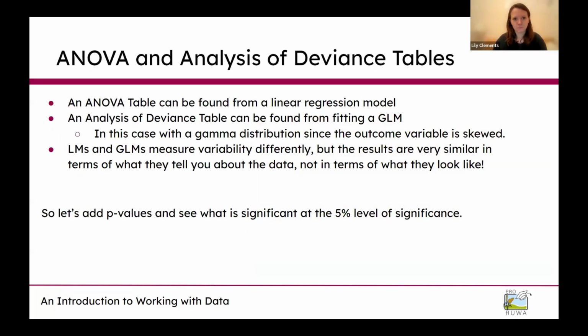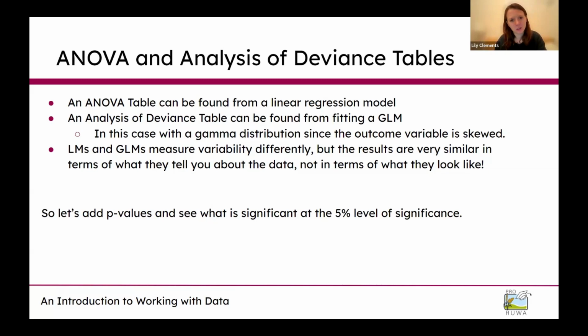So we now dig into a little bit more on ANOVA and analysis of deviance tables and what those differences are. They're both measures of variability, the only difference is that an ANOVA can be found from a linear regression model, whereas an analysis of deviance table can be found from fitting a generalized linear model, or a GLM.